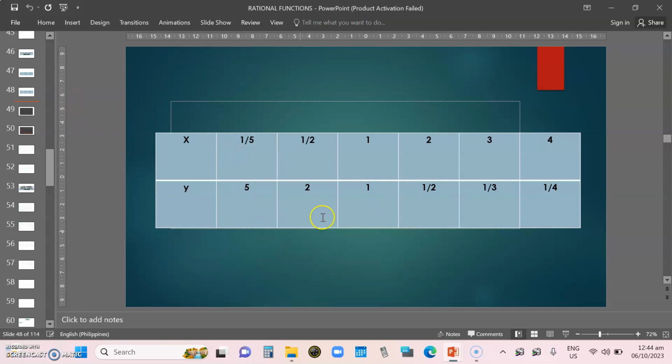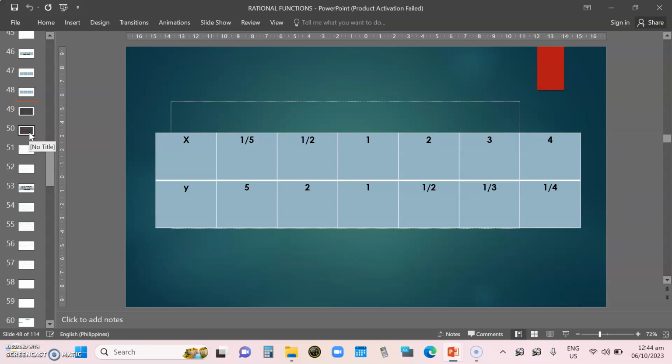Okay, so after completing the table, we can now graph. Take note, if we are graphing, you have to go back to creating your Cartesian plane that comprises your x-axis and your y-axis.